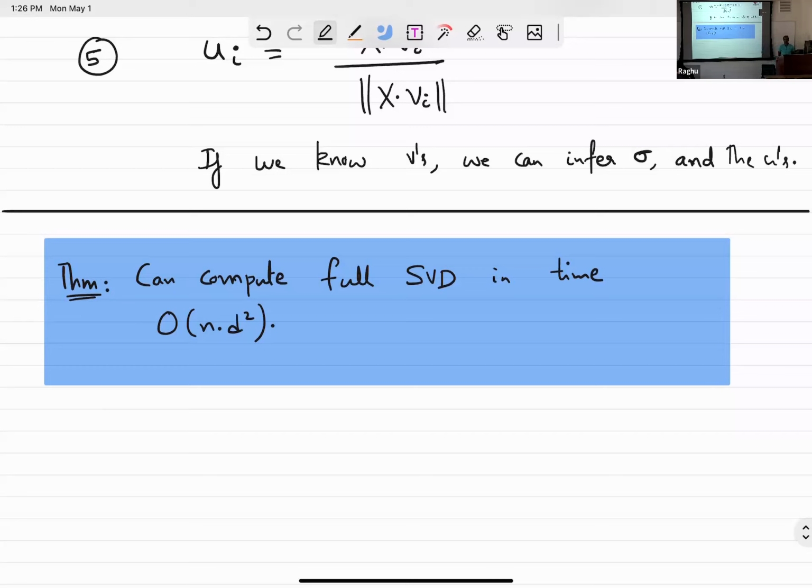All right. So this looks very good. But then if you think of, let's say, the use case of Netflix, it's a 500K times 17K matrix. So this is n, this is d. n d squared is humongous. In fact, even n d is basically 8 GB of memory.